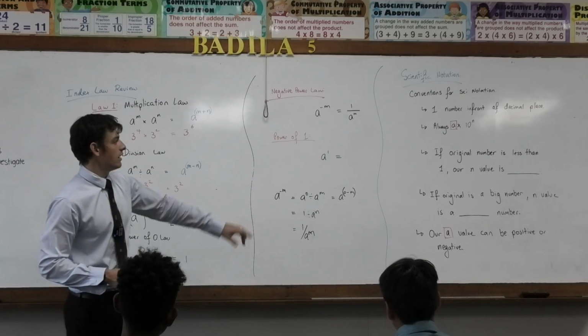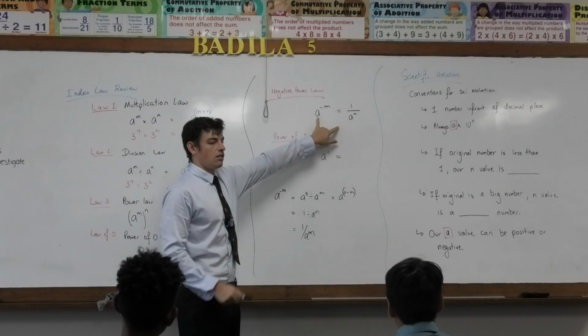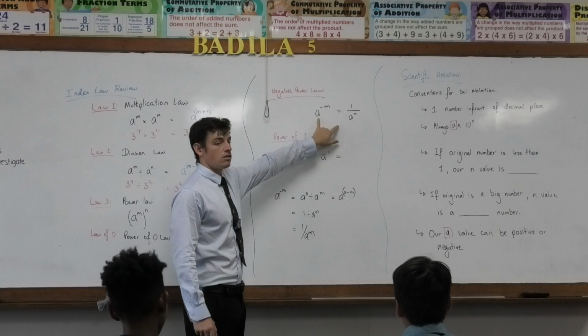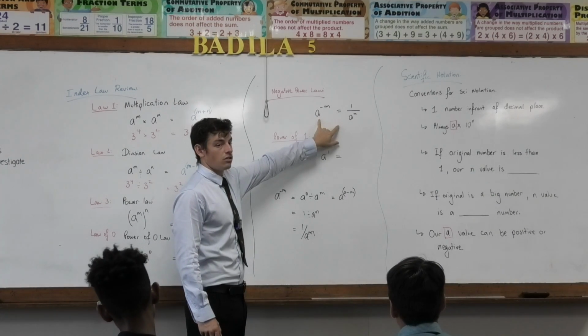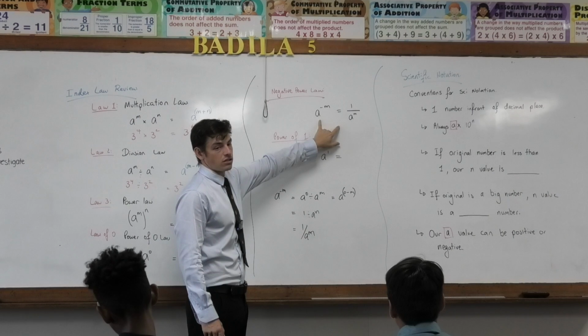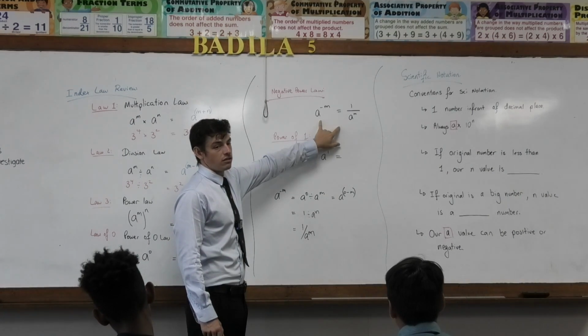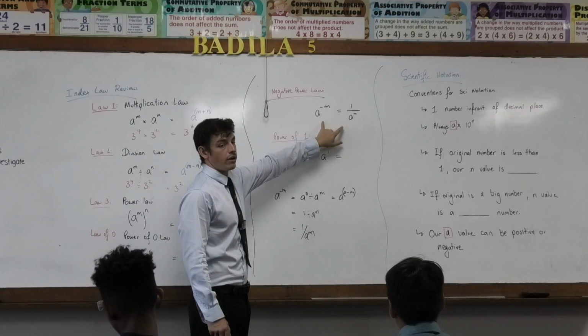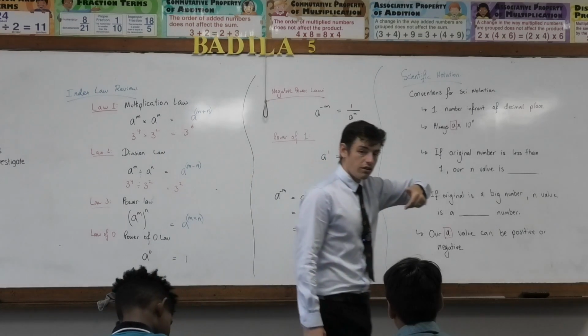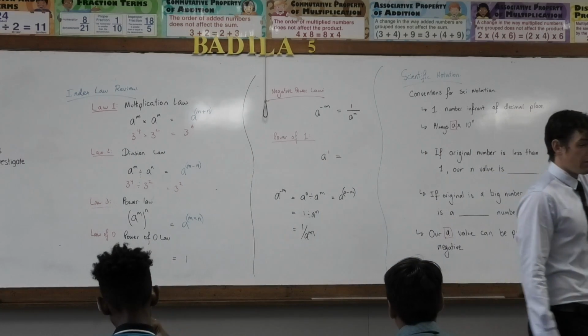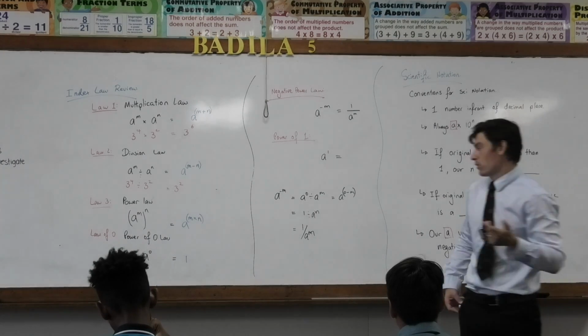What's changed? Left hand side or the right hand side? The right hand side's a fraction, what's the power? Positive. So we make it a positive power and we flip it, put it in the denominator, correct? Yeah. That's the negative power law.